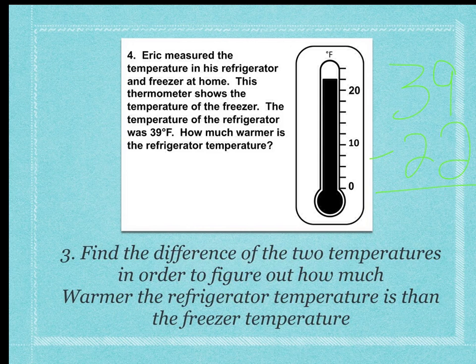So 39 minus 22, 9 minus 2 is 7, and 3 minus 2 is 1. So 17 degrees Fahrenheit is the difference, or how much warmer the refrigerator is than the freezer.